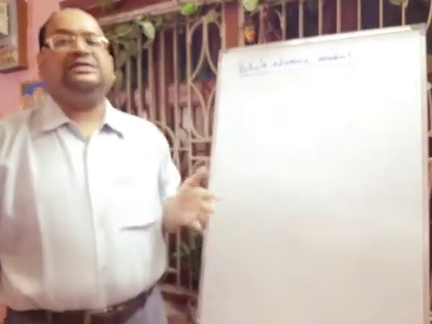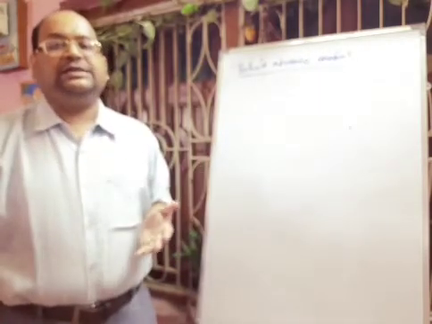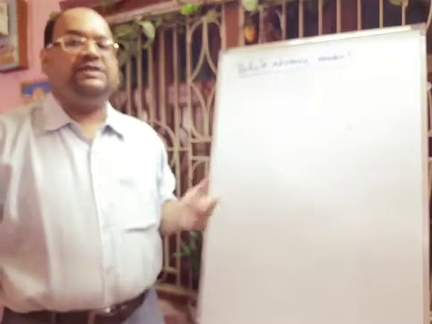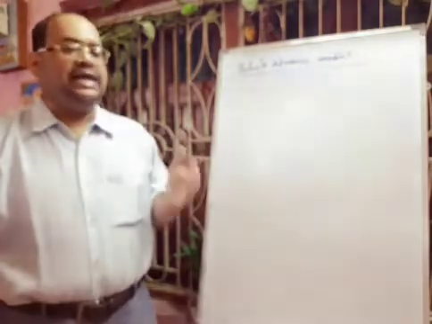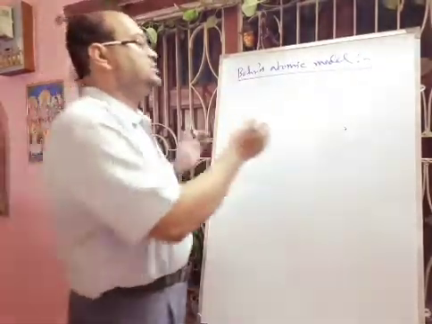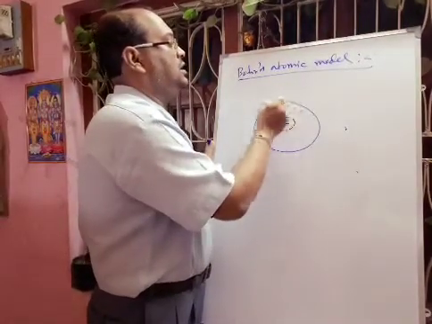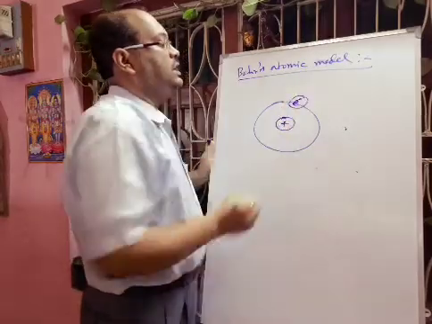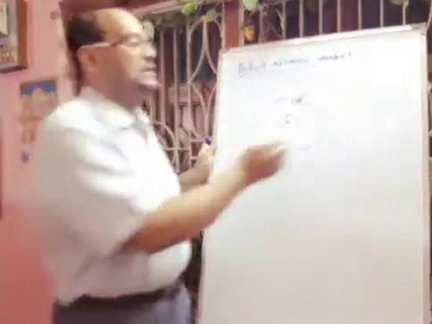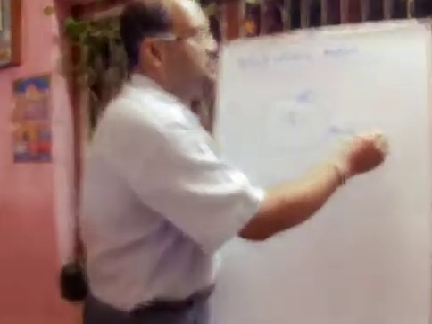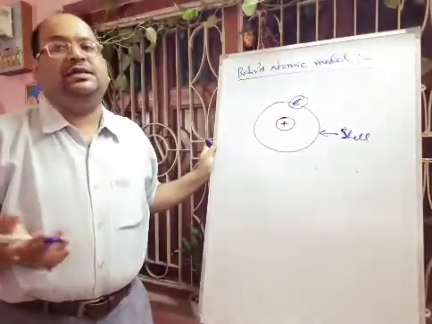The main postulates of Bohr's atomic model are: the electrons revolving around the nucleus are confined to certain fixed orbits called shells or energy levels, and each shell's energy is fixed. So this is the nucleus and the electrons are revolving around this nucleus in a certain circular orbit, and this is called a shell, or we can call it an energy level.